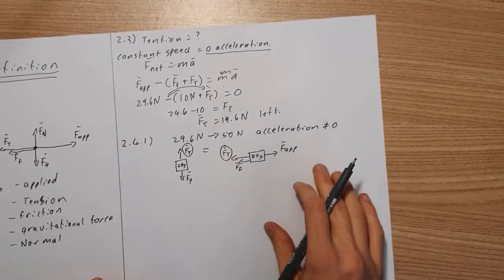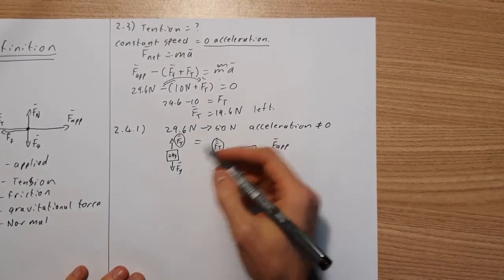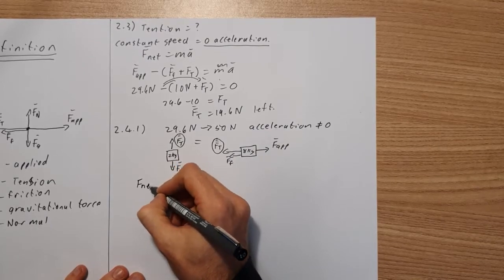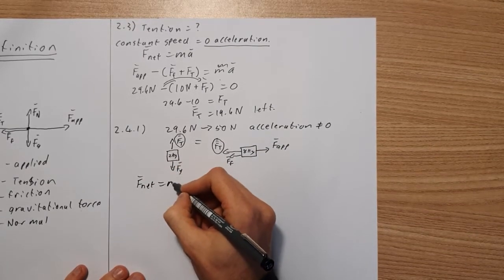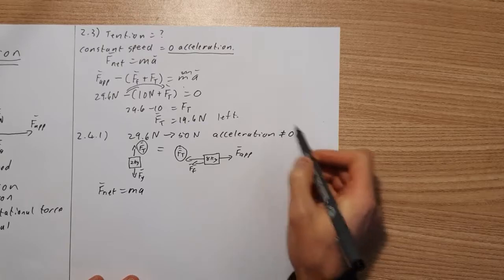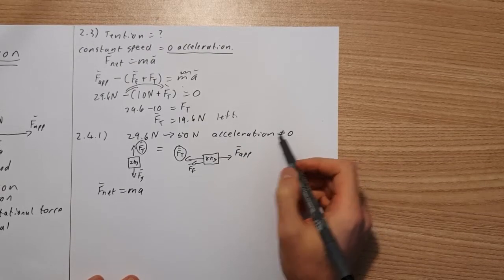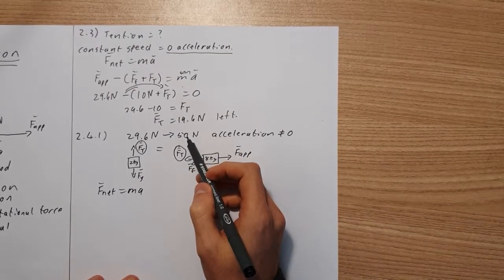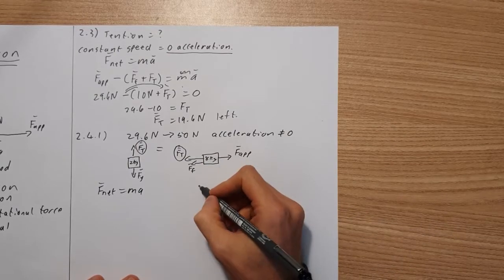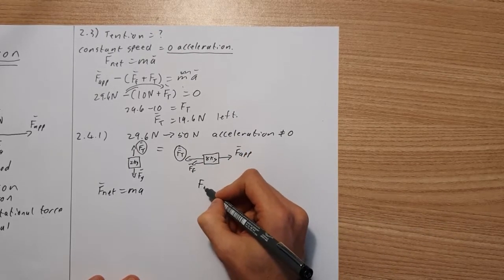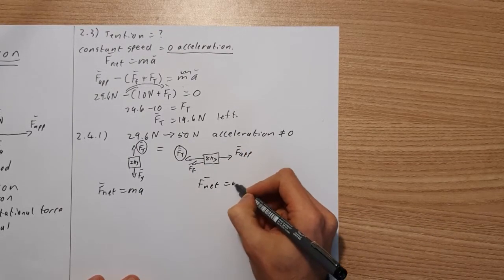So I'm going to set up my simultaneous equation for each block. So F net for the 2 kilogram block equals ma. Also note that my acceleration is not 0 anymore because I've increased the applied force, so now we need to find that acceleration. Okay, and then F net equals ma.